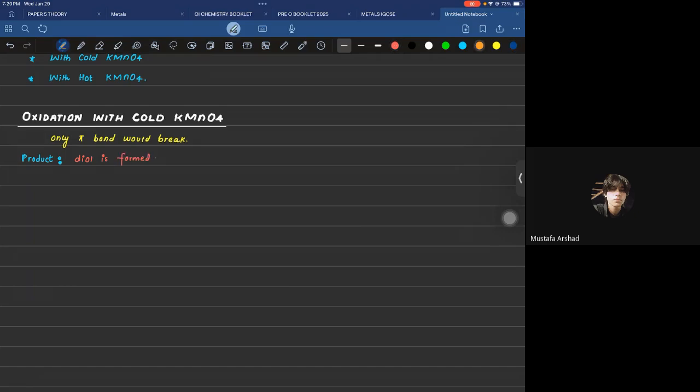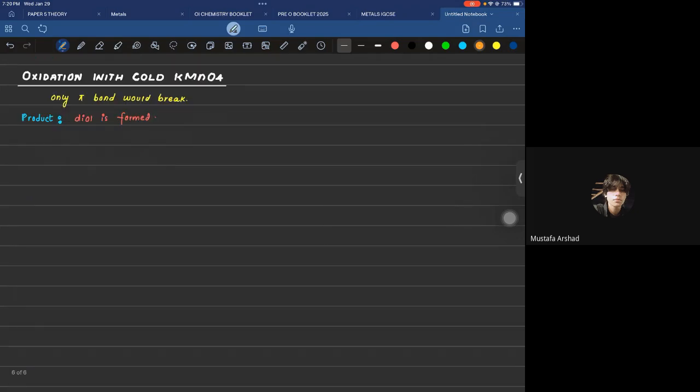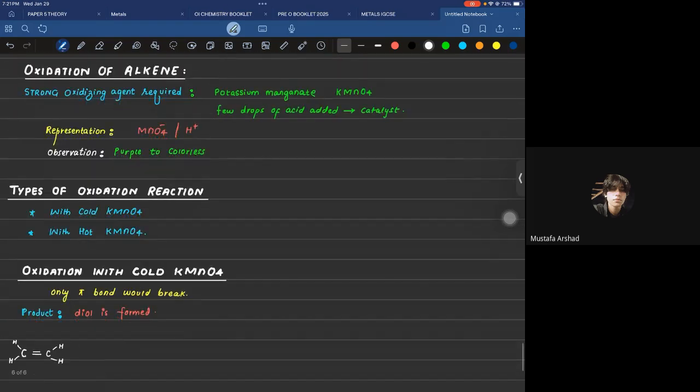Remember, let's suppose this is the first reaction, that is ethene, and I'm going to add KMnO4. This is also known as acidified KMnO4, and I told you acid is used as a catalyst.